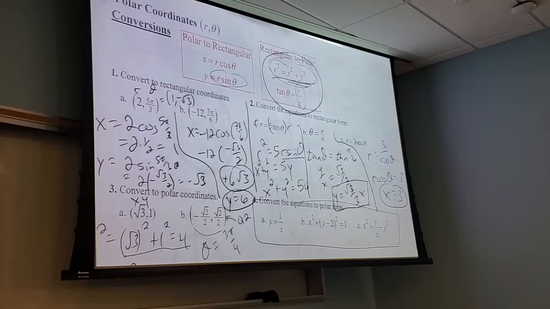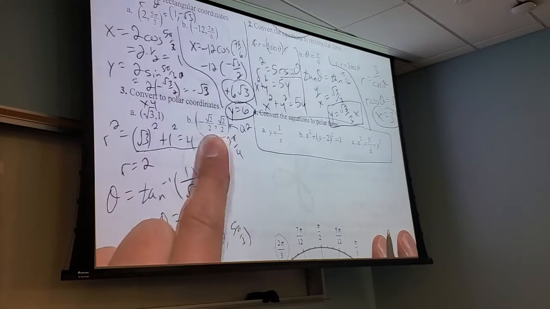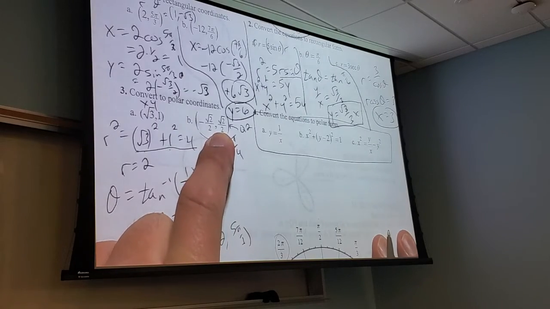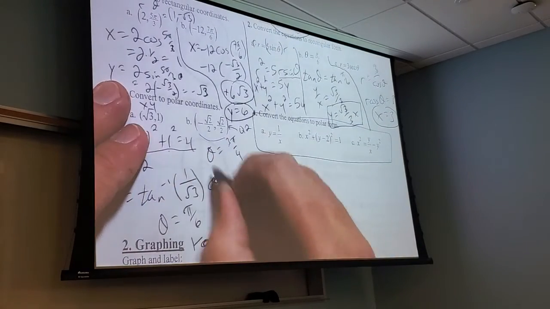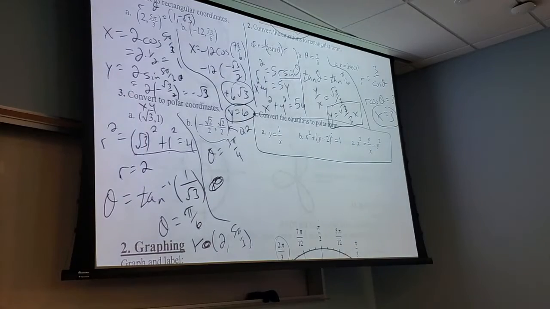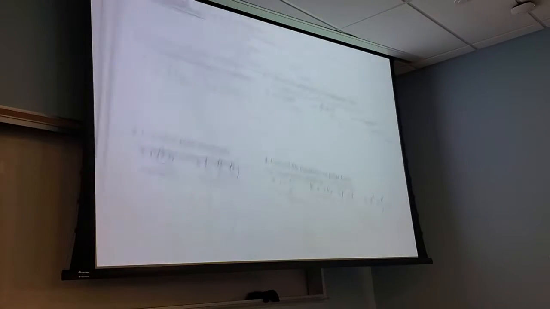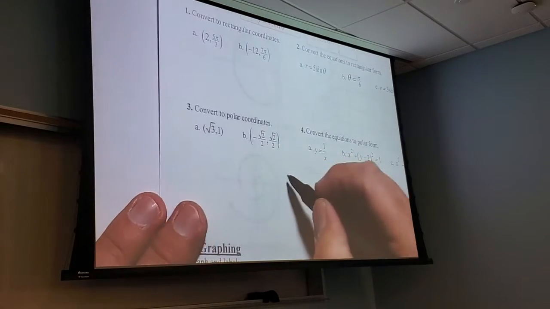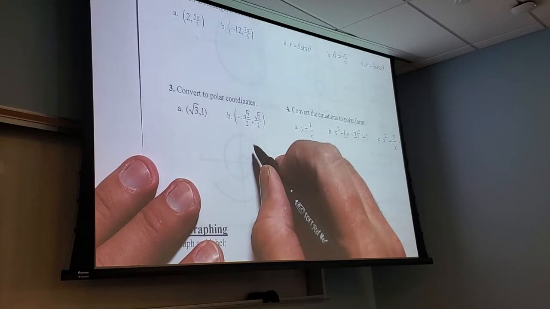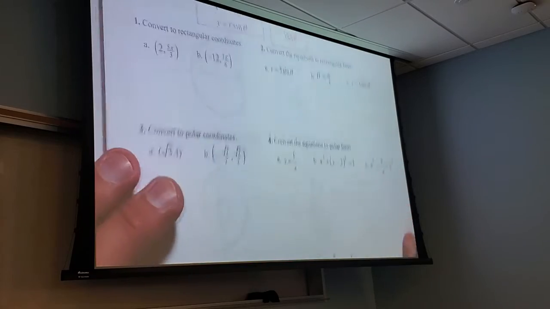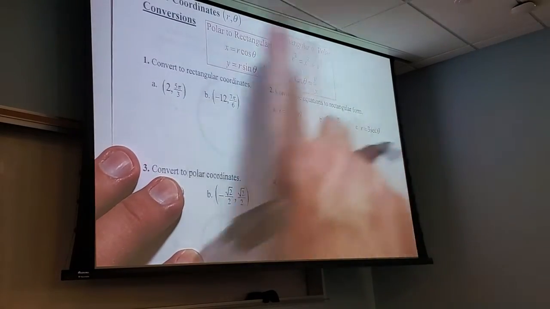Where we left off, we sort of talked about this one. And just to make sure you understand what I was saying about finding theta, let me get a clean one to work on. If I wanted to find theta, what should I use up here?